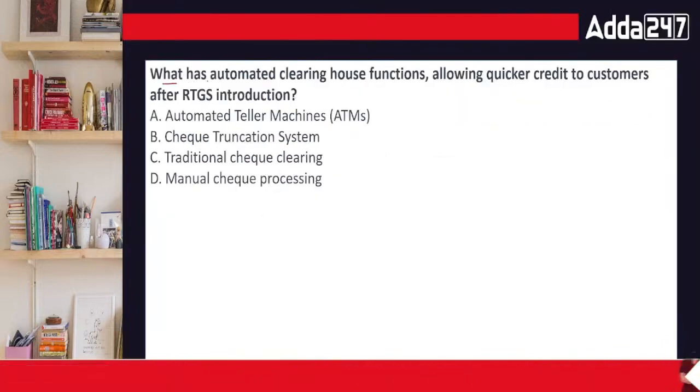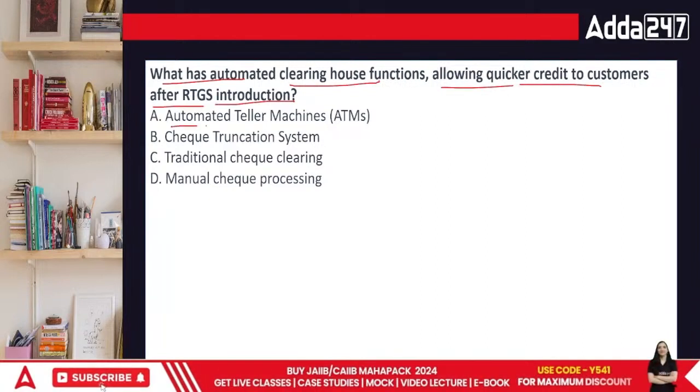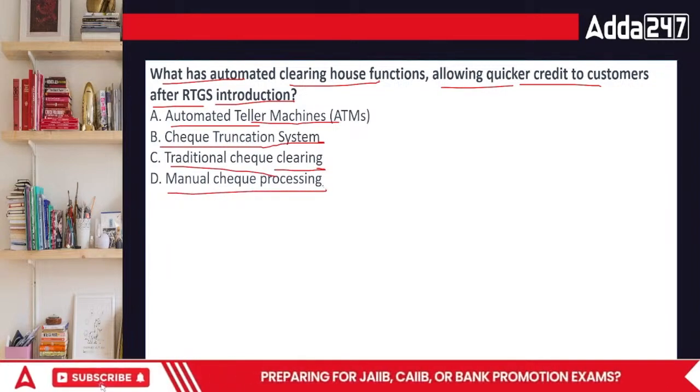Then what has automated clearinghouse functions allowing quicker credit to customers after RTGS introduction? Automated teller machine, cheque truncation system, traditional cheque clearing, or manual cheque clearing. What would be the answer according to you, everyone?